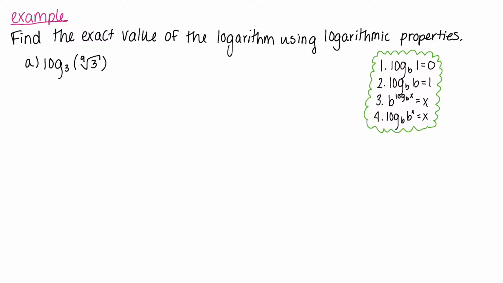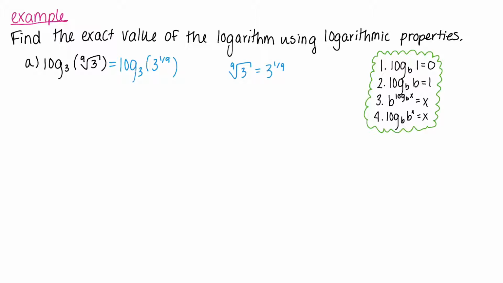Now I'm going to be a little bit tricky here. The 9th root of 3 can be rewritten in its exponential form as 3 raised to the 1/9 power. So the 9th root of 3 is the same thing as 3 raised to the 1/9.